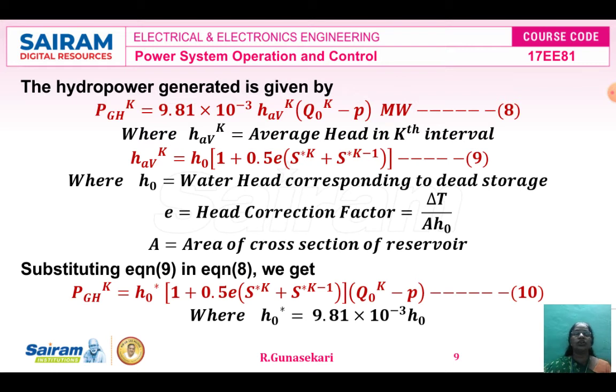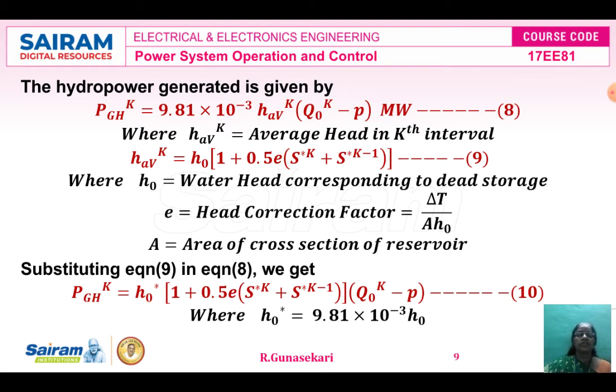In this equation, H naught represents the water head corresponding to dead storage, which is represented by naught. E, small e, is nothing but the head correction factor, which is equal to del T divided by A into H naught, where A is equal to the area of cross section of the reservoir. Now, substituting equation 9 in equation 8, we get equation 10, that is PGH k equal to H naught asterisk into 1 plus 0.5 E into S asterisk k plus S asterisk k minus 1, into Q naught k minus small p.